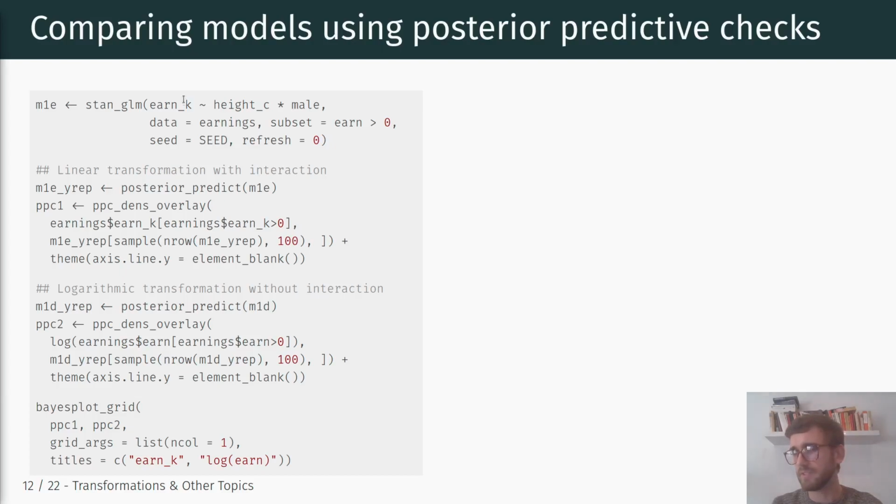And the way we're doing this here, just to make sure that this is a fair comparison, what I'm doing is repeating our linear model with centered height and the interaction with gender, but also just focusing on the subset where earnings are larger than 0, because that's just the data that we considered in the logged outcome measure case.